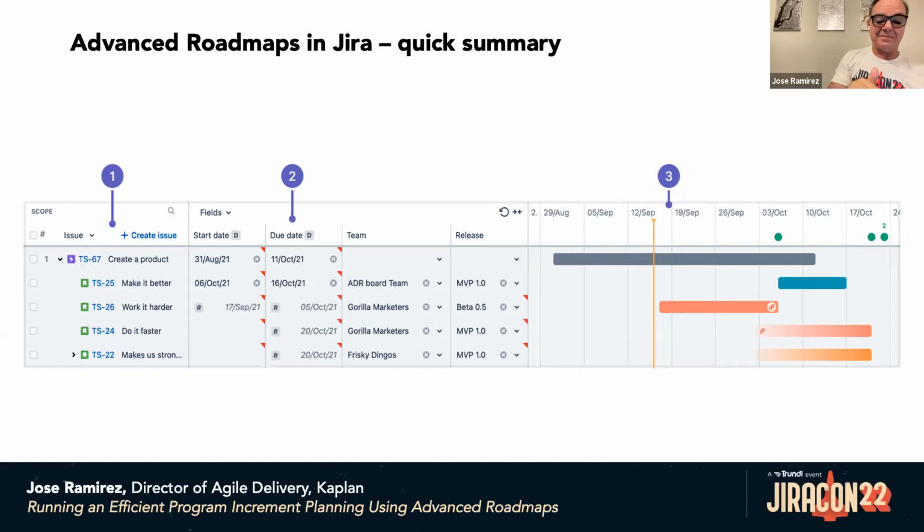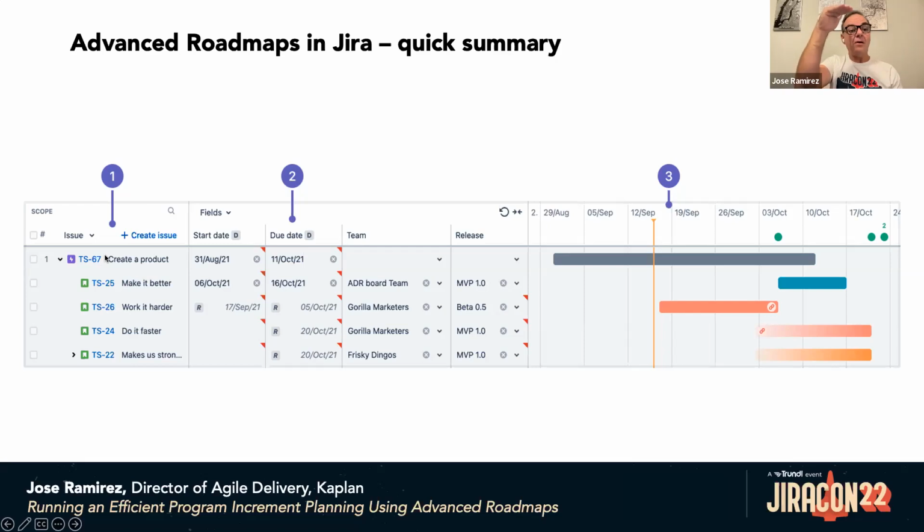I will be taking some time later explaining the importance of the hierarchy. So in this case, number 1 in this slide is issue PS 67. It's an epic, and then under the epic you have several stories. So this hierarchy can be customized.